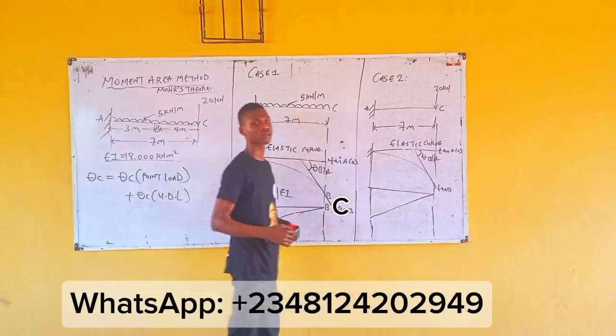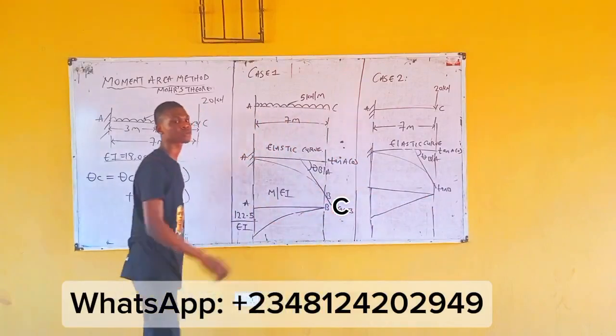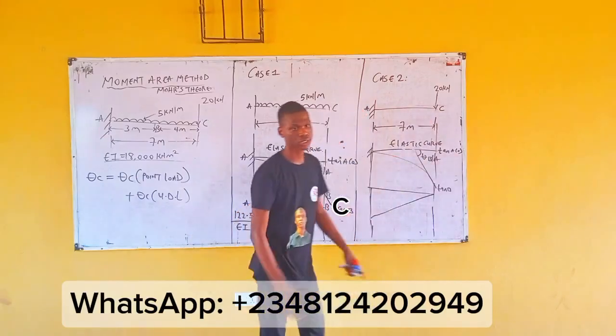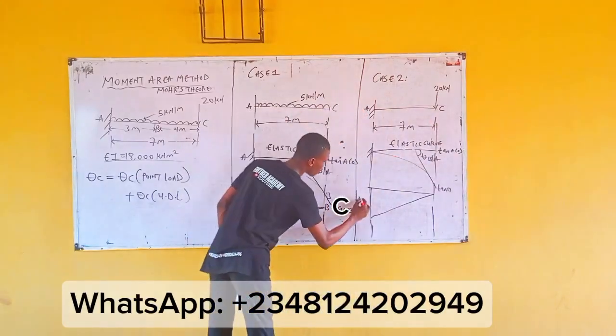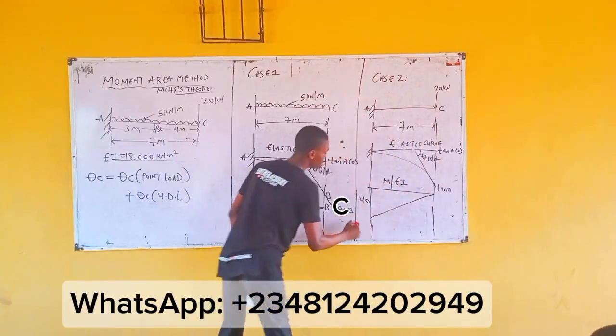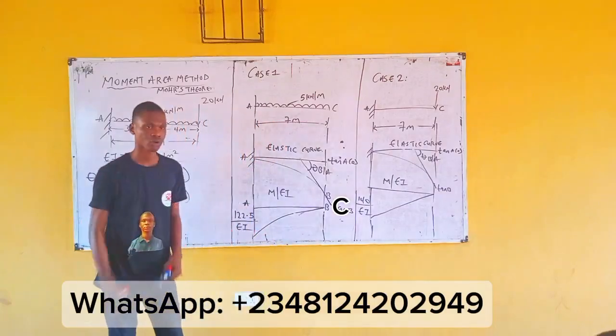True or false? True. Now, what is the value of moment at this fixed end? This is just 20 times L, that's 20 times 7, which is 140. But this is the M by EI diagram, meaning 140 over EI.